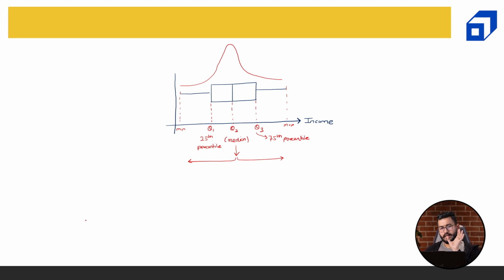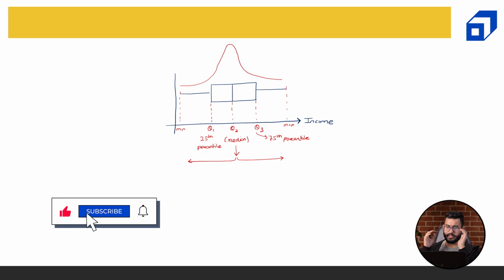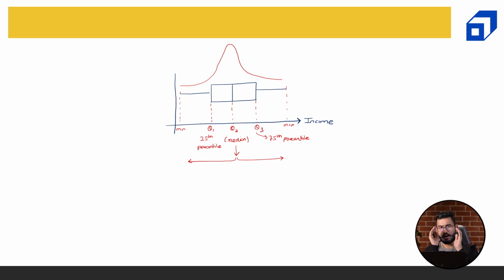So if I want to derive some inference out of this box plot, I would essentially say that we have a good amount of customers in the mid range, around 50%. So this box in the middle represents half of your customers. So 50% of the customers are in the middle of my data, which basically means that most of the people are earning the average income.